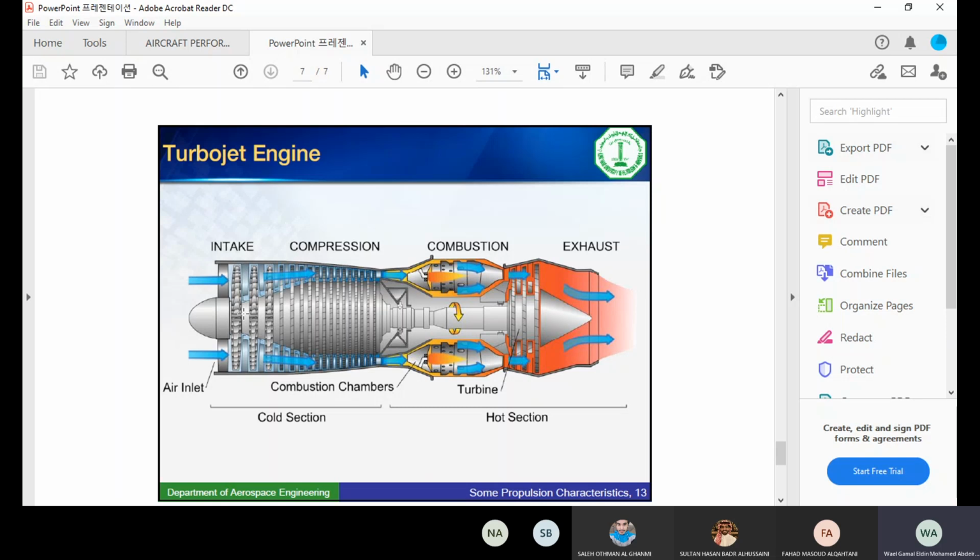Is there a relationship between these dimensions, the diameters here, for example, and the thrust of the engine? Yes, the answer is yes, there is a direct relationship.